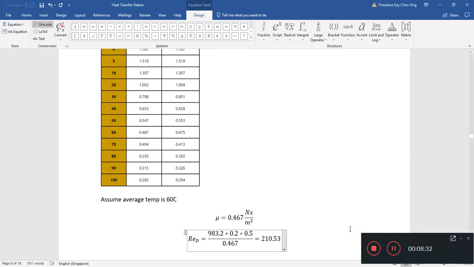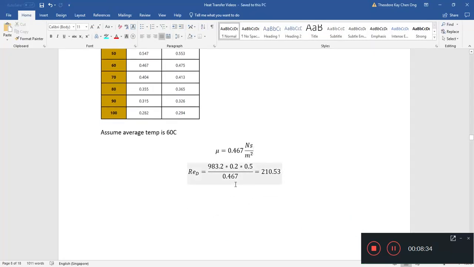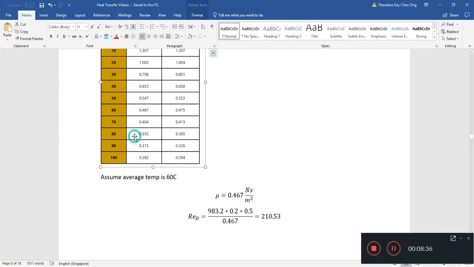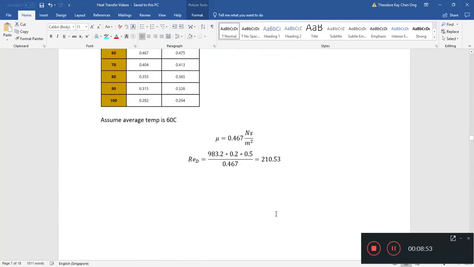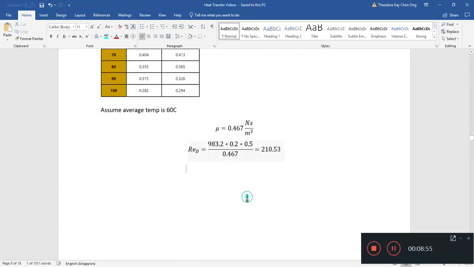210.53. We see that even if we increase this by a factor of 2 at 80 degrees C, there's still a laminar flow. And even if we have the maximum density, about 1000 kg per meter cubed, even if we go there, this is still going to be a laminar flow.